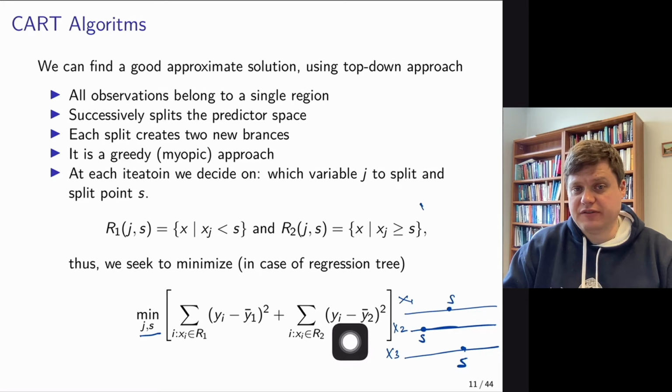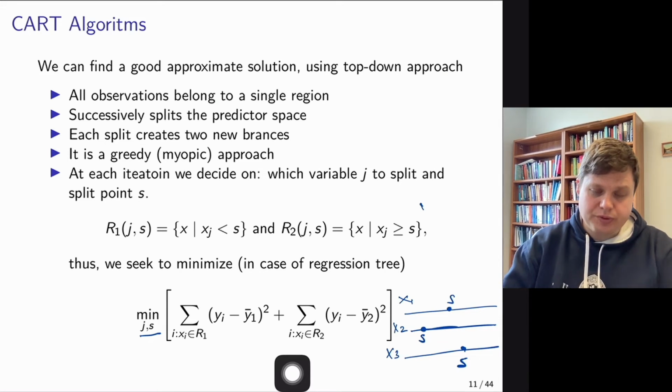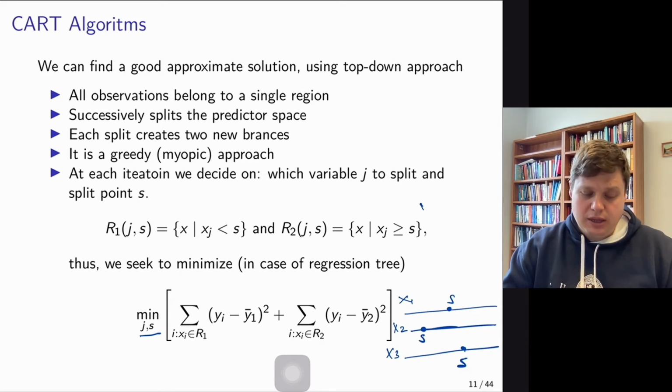These are just deviations between observed y's and predicted y's. Remember, y bar is the prediction made by the tree model. We square those deviations, sum across all observations in both regions, then add the two region errors together, and the minimum of this is the one we're looking for.